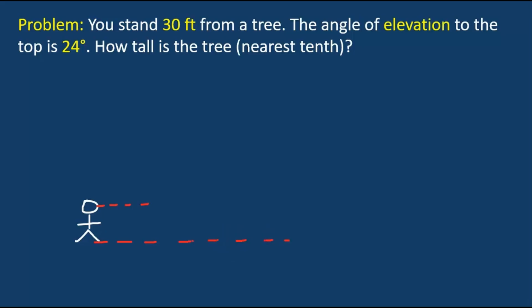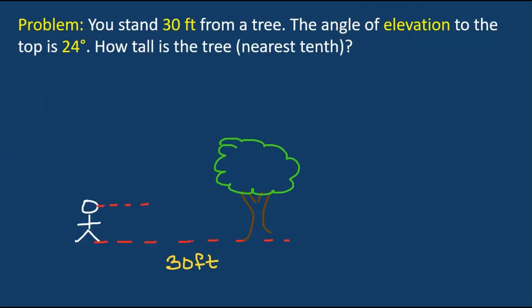We are told that this person is standing 30 feet from a tree. So we're going to label the distance from the person to the tree 30 feet. Now your drawings don't have to be perfect. They're going to be just fine in illustrating what you need to draw.